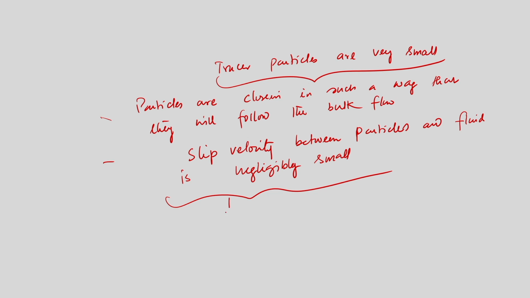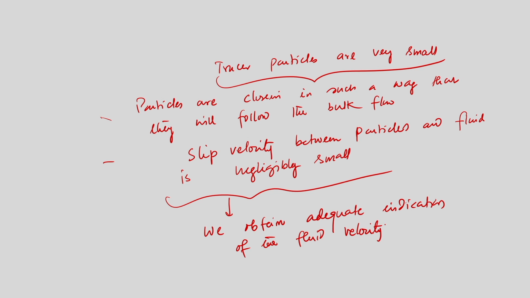Since this is true, we obtain an adequate indication of the fluid velocity. So, by measuring the Doppler shift, and of course analyzing it using a sophisticated electronic circuit, we can correlate the fluid velocity that is obtained using this method.